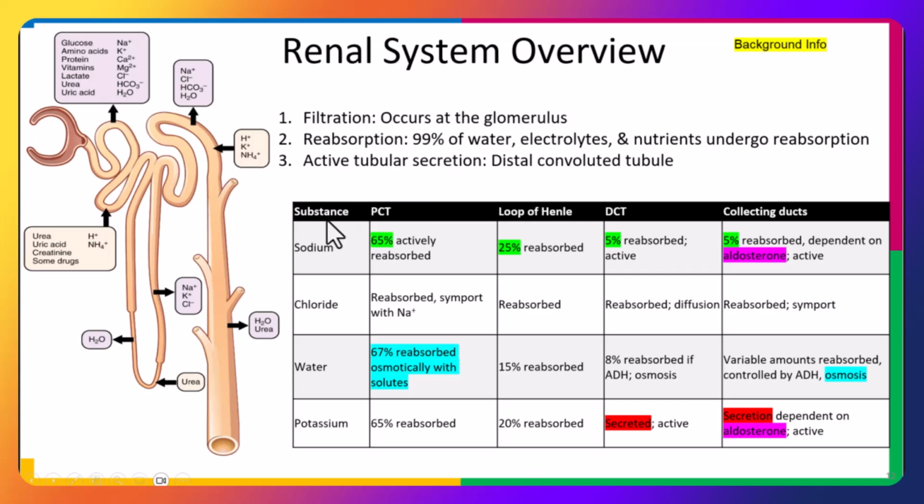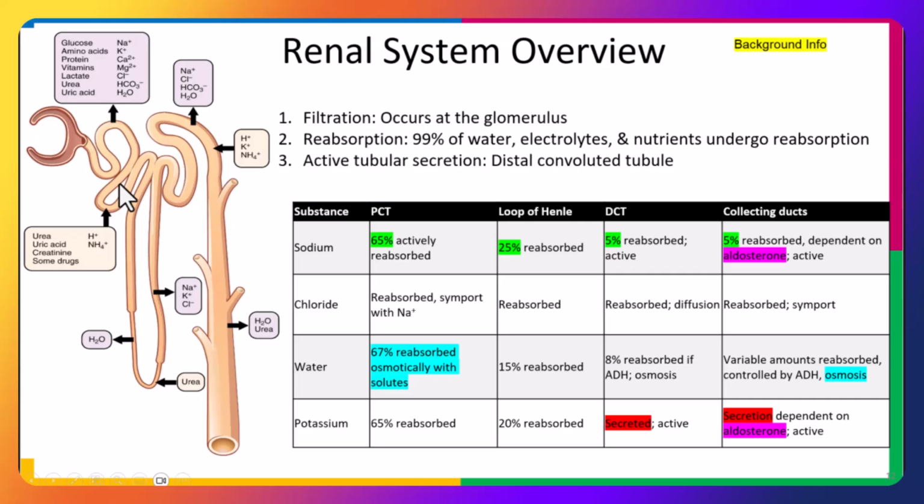Now, if we look at the different levels, in the proximal convoluted tubule, this is where the majority of reabsorption is happening. So you have about 65% or so of sodium that's actively reabsorbed here. In other words, it's put back into the blood. So it leaves the tubule system and goes back into the blood.